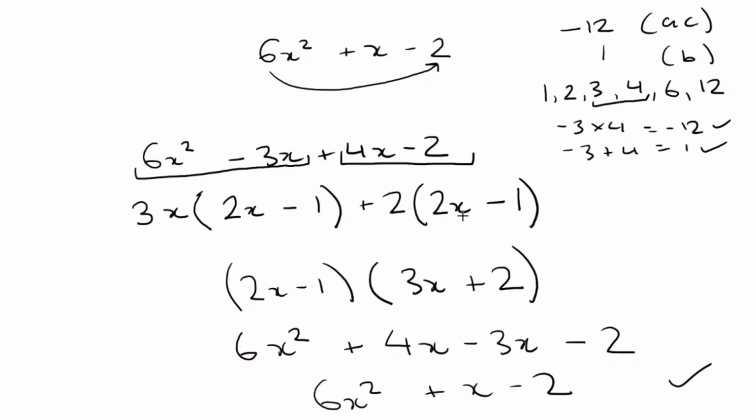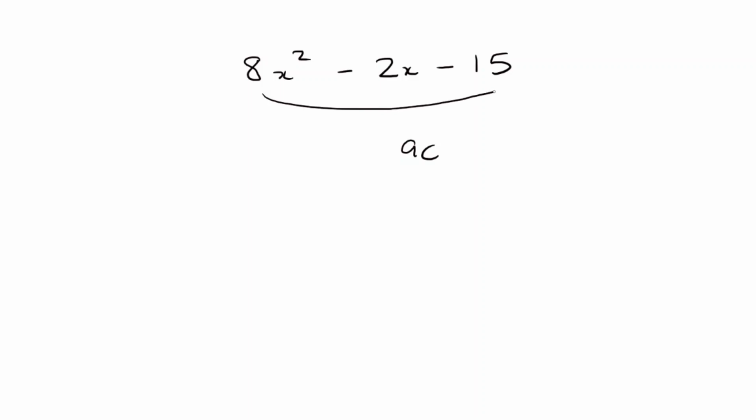Now let's move on to another example. So let's say we've got something like 8x squared take 2x minus 15. So straight away, once again, we find the AC. So AC is 8 into 15, right? Which is 120. And the B is the negative 2. Right, so we need two numbers that multiply to 120 and add to 2.